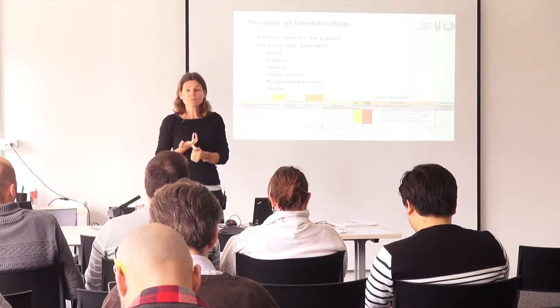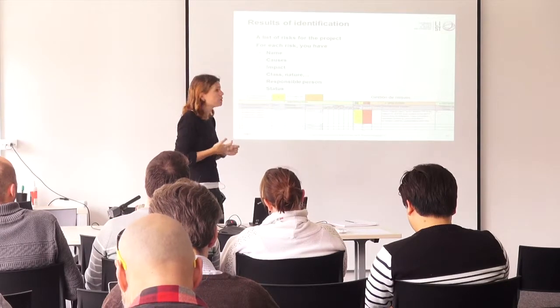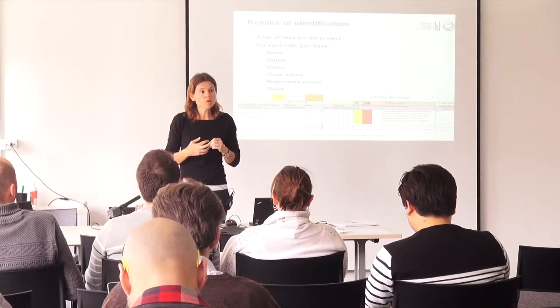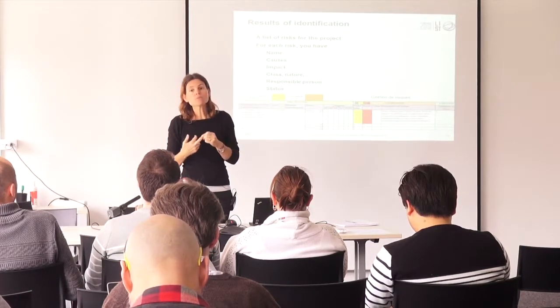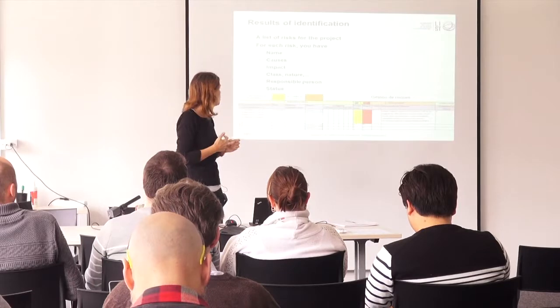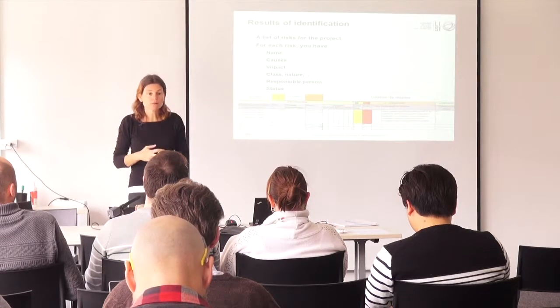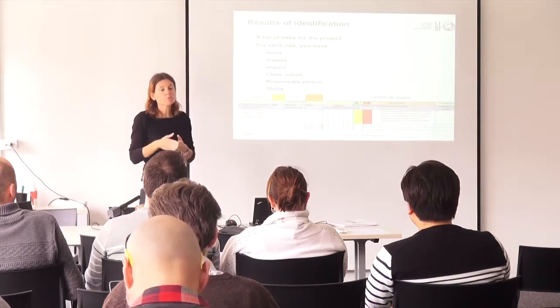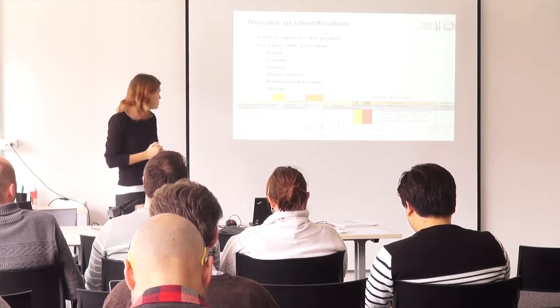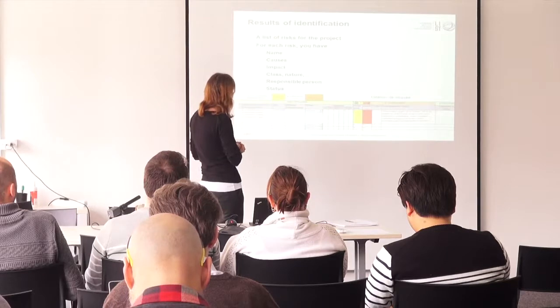Somebody who is responsible for that risk, who is just responsible for, from time to time, checking whether that risk has occurred or not, and following up on the risk. It could also be the same person who will be responsible for the mitigation actions, but it could be somebody else. We'll see that later.